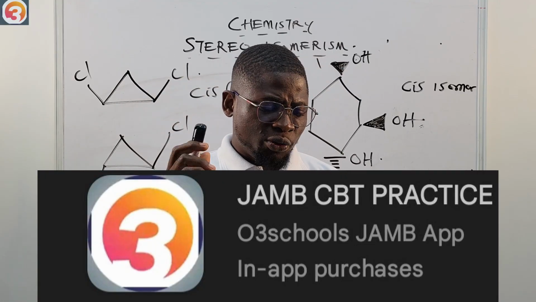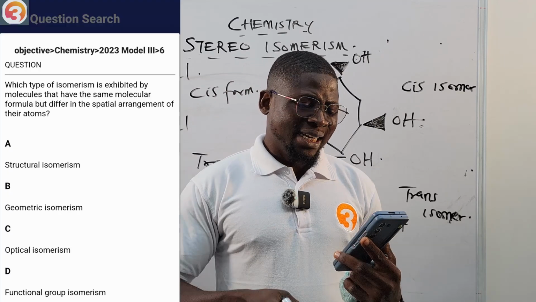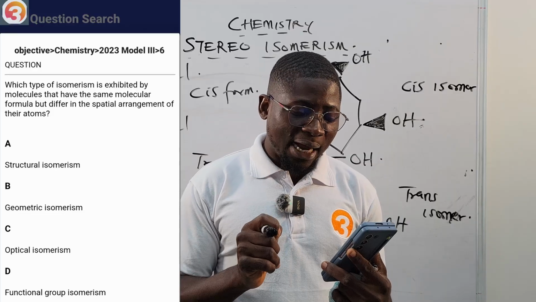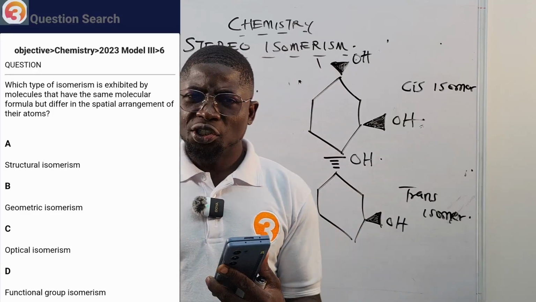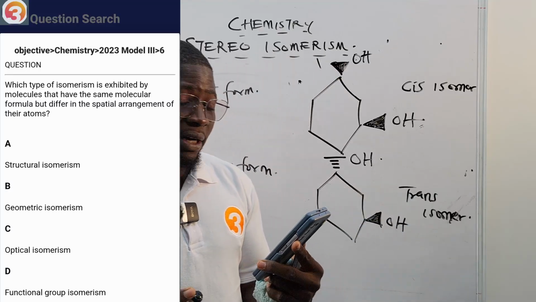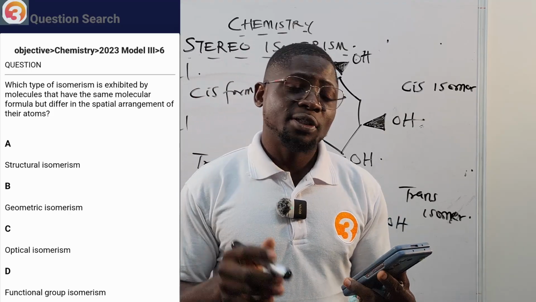Let's see. 2023 number 6: which type of isomerism is exhibited by molecules that have the same molecular formula but differ in the spatial arrangement of their atoms? The question is being displayed on your screen right now. A, structural isomerism, that is not it. B, geometric isomerism. C, optical isomerism.